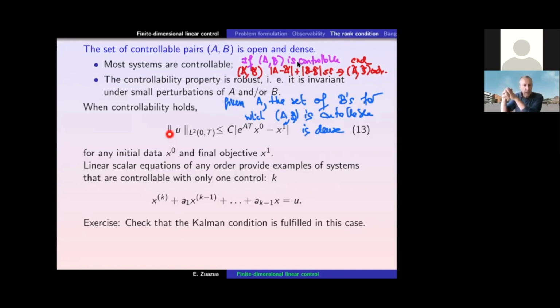Okay, good. So in practice, this is very interesting because it tells you that generically systems are controllable. This is not so useful, though, because I could say the same for numbers. For real numbers, we could say, oh, being rational is a dense property.